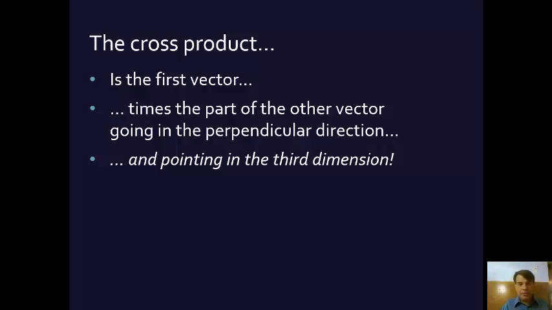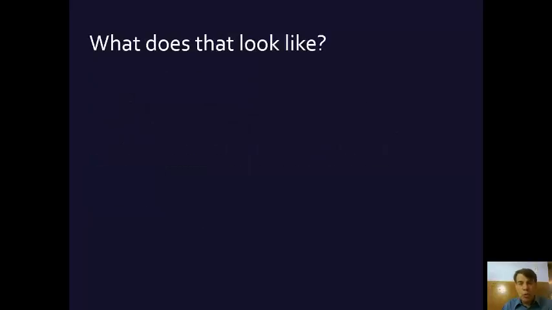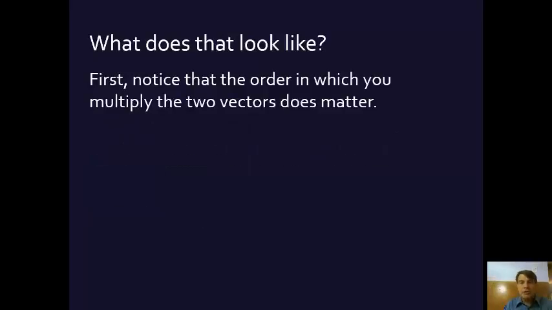Now, what does this end up looking like? First, as I said, the order in which you multiply the vectors does actually matter. With the dot product, vector A dot B is the same as vector B dot A. But with the cross product, the order does matter.